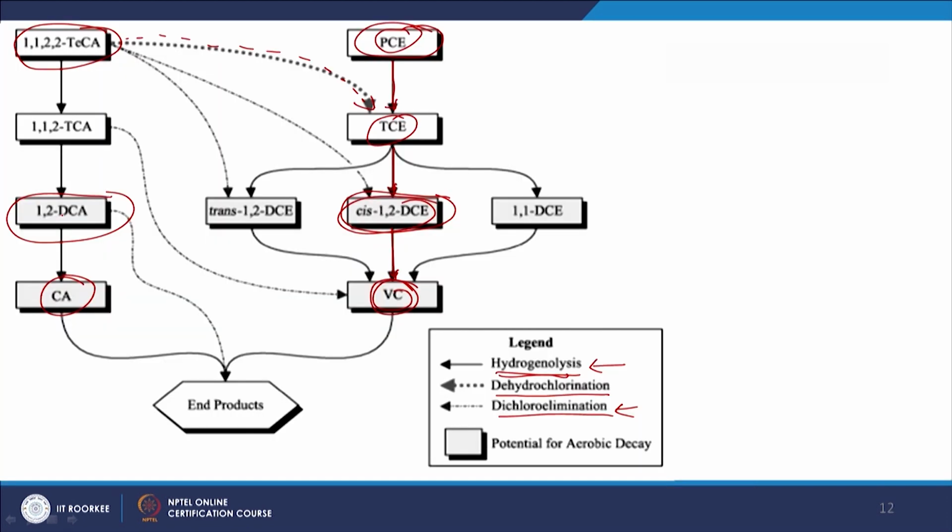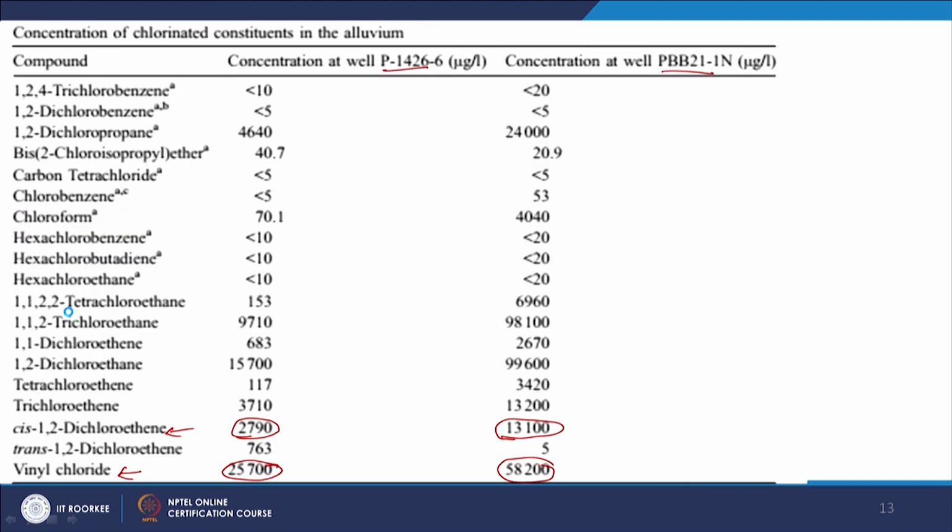What were the other compounds? 1,2-DCA and CA. 1,2-DCA, I think that is out here. So from here you can see that there is degradation taking place, and the only way it can be is due to natural attenuation. That is an aspect to keep in mind here.